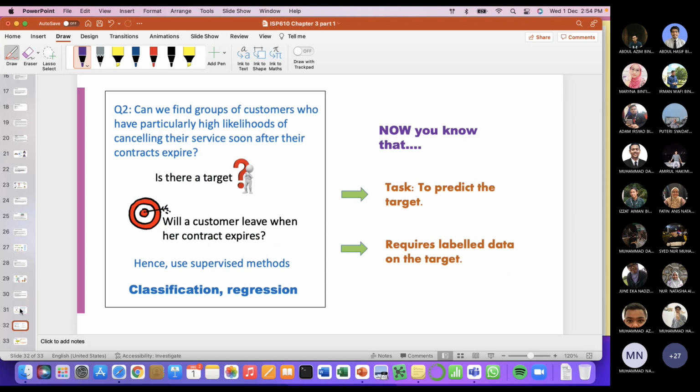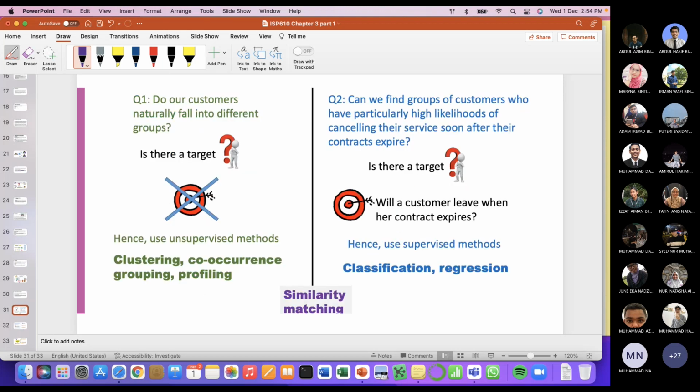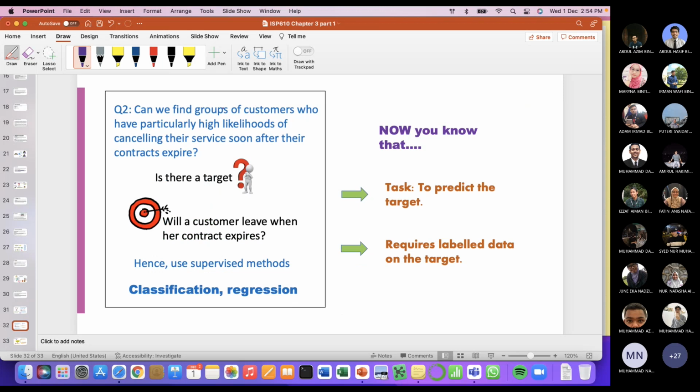For the second one, the supervised learning just now, you need to know first the task, what you want to predict. You need to know the target, the class label. Like yesterday, we looked at the customer data.